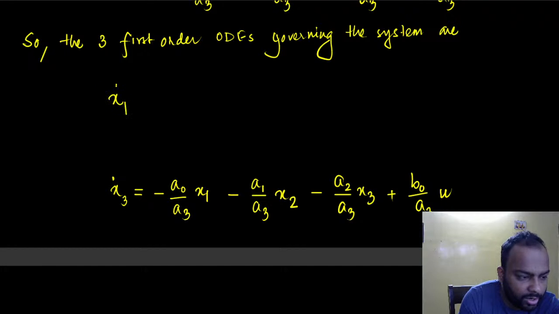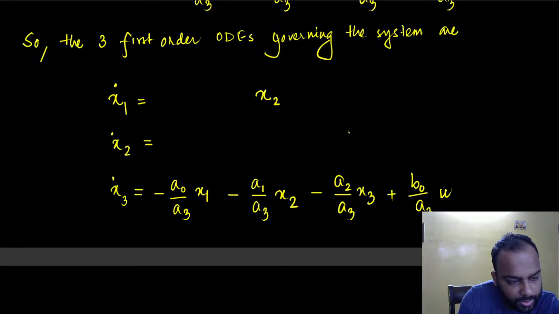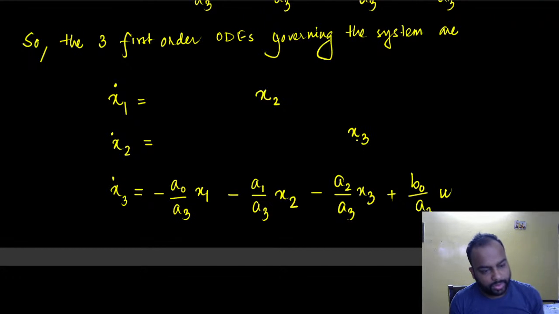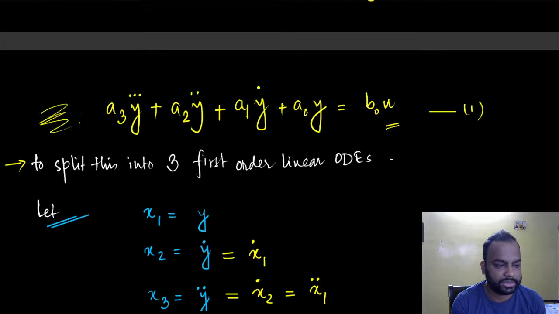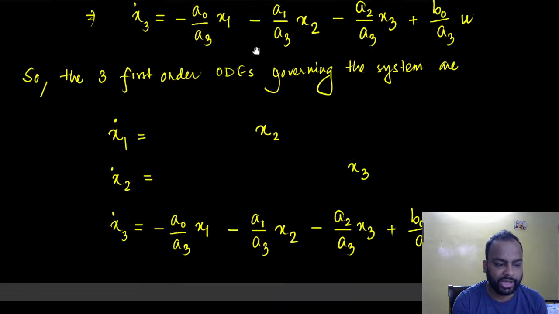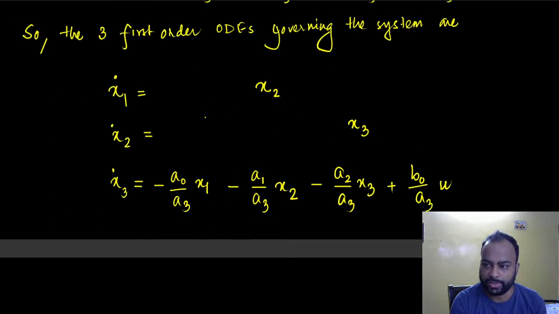So I think this is fine and all. So what we have done, essentially, is we have converted the third order differential equation, a single third order differential equation, into three first order differential equations.